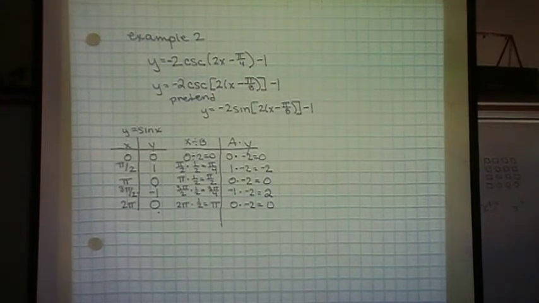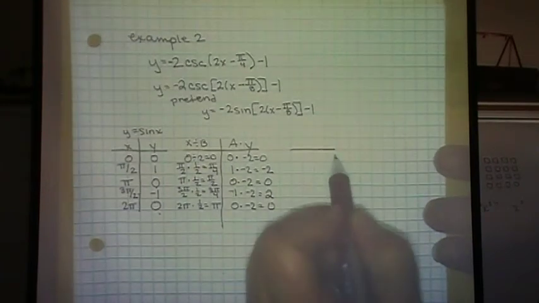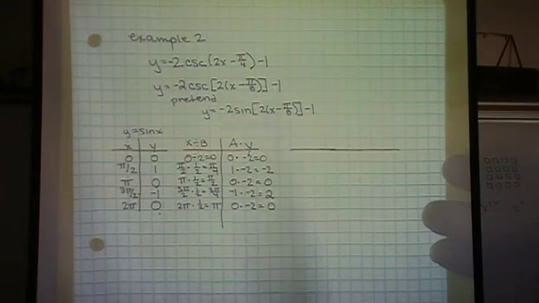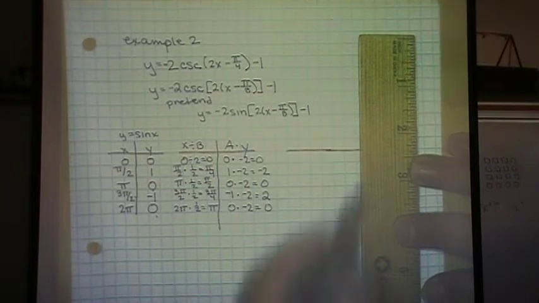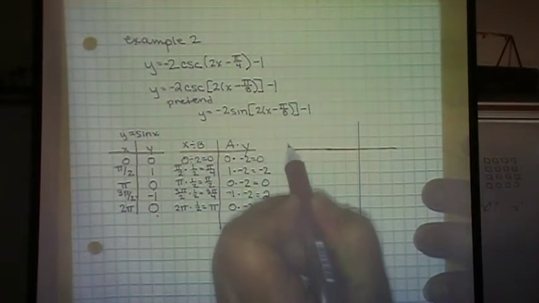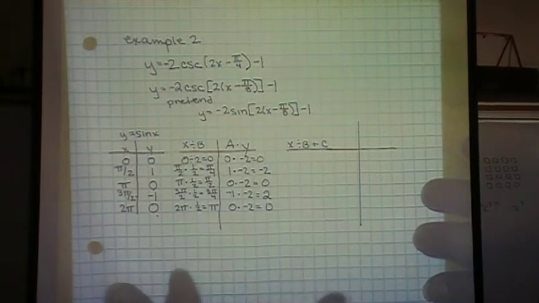Okay. So again, we're just doing exactly what we did last class. Last table. And again, you want to give yourself room because you are working with fractions, to make sure that you can fit all the addition in. So it's x divided by b plus my c.